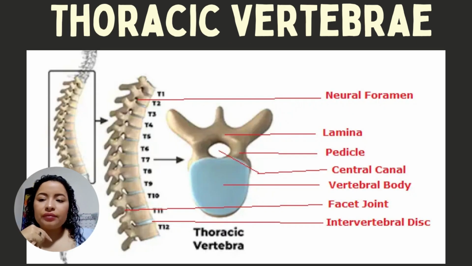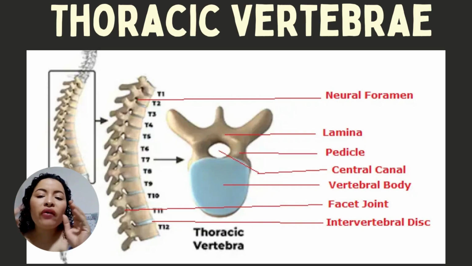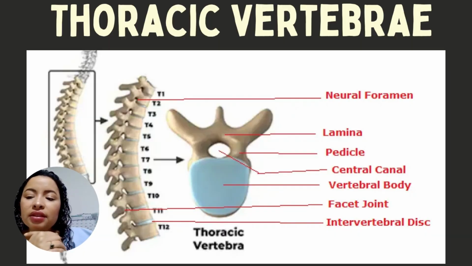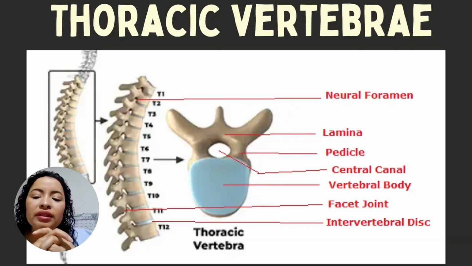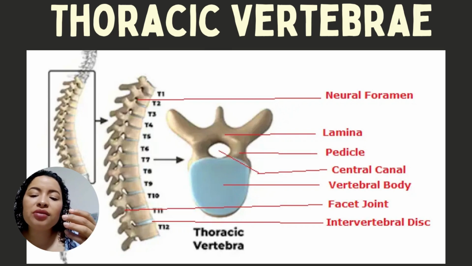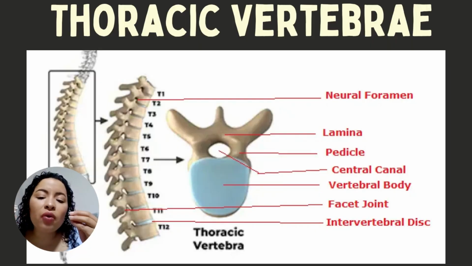Thoracic vertebrae. The 12 thoracic vertebrae form the second region of the spine, the thoracic spine or upper back. They play an important role in forming the thoracic cavity. The thoracic vertebrae have several distinctive features: costal facets that articulate with the ribs, heart-shaped vertebral bodies, smaller vertebral foramina, and long, strong spinous and transverse processes that point downward.